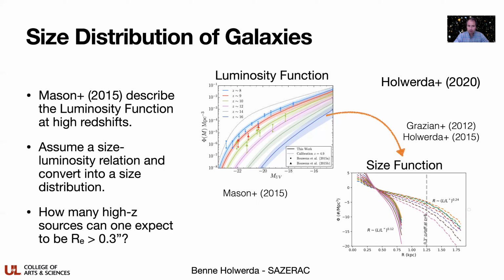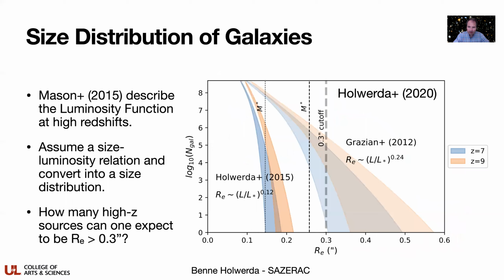So how many redshift sources do I expect to be above effective radius of 0.3 arcseconds? So that's what I've done here. So these are the two size relations. If I leave my own at redshift 9, then that's for bright sources only.